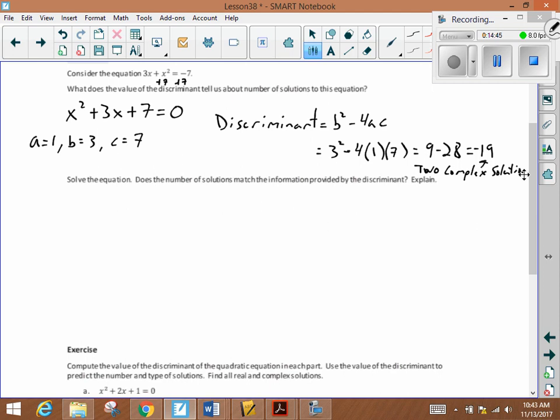Let's go ahead and solve this thing. I'm going to use the quadratic formula. We know the discriminant is the square root of negative 19, all over 2 times 1. So we get negative 3 halves, and we split this thing apart.